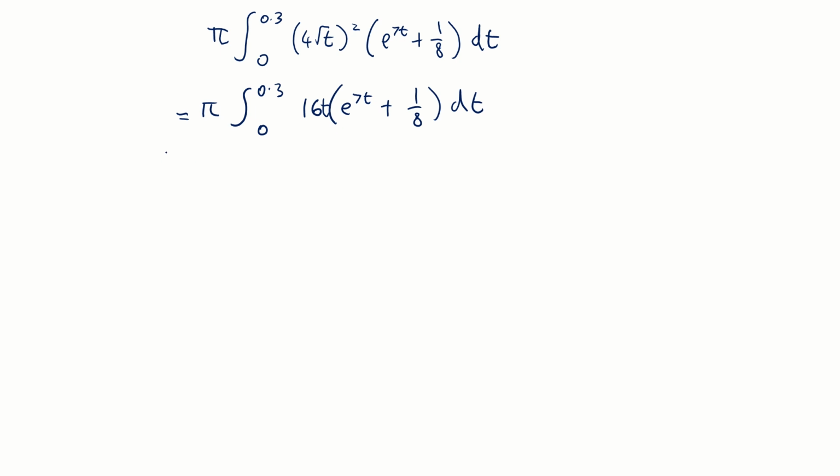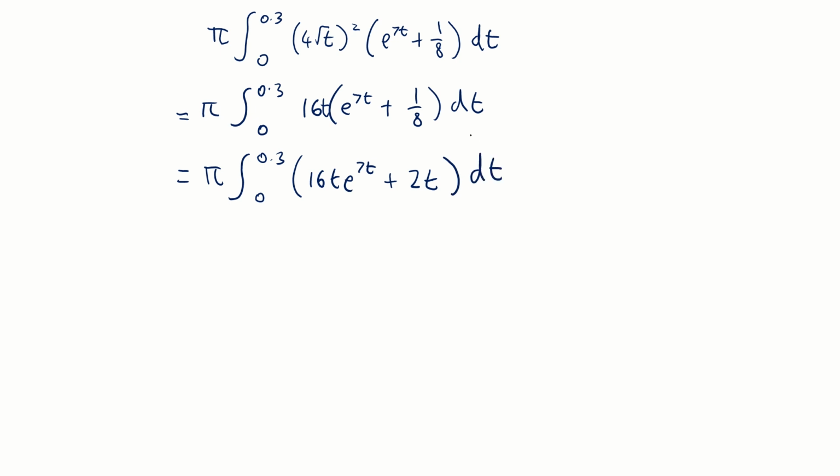And then we can simplify that because we'll need to do that before we're able to integrate. So therefore we'll have the integral of 16t e to the 7t, and then 1/8 times 16t will just be 2t, which is quite nice to deal with.